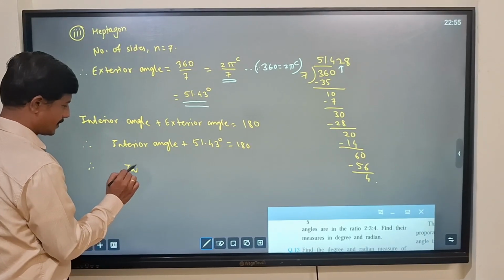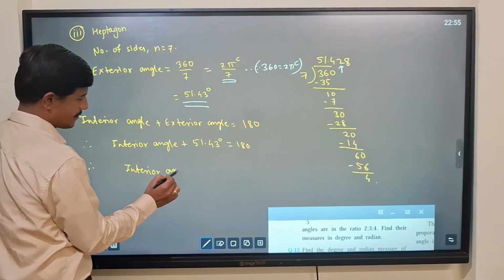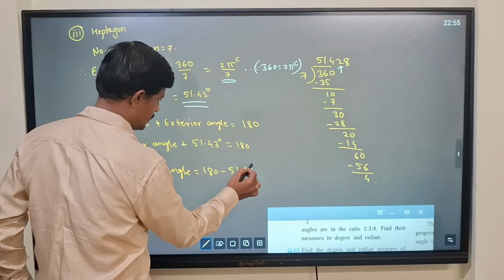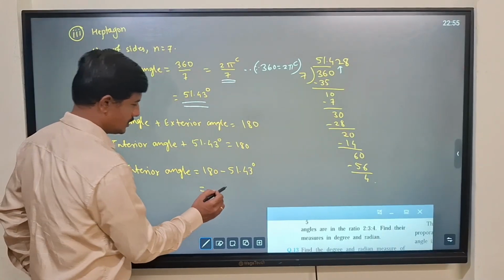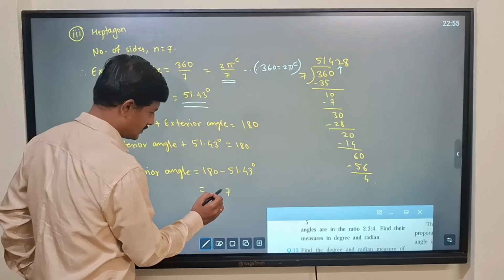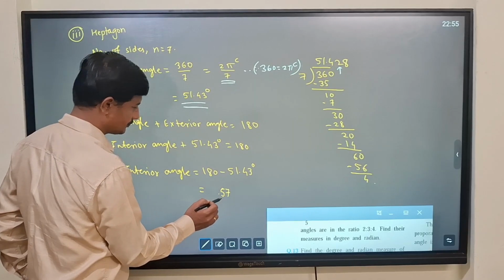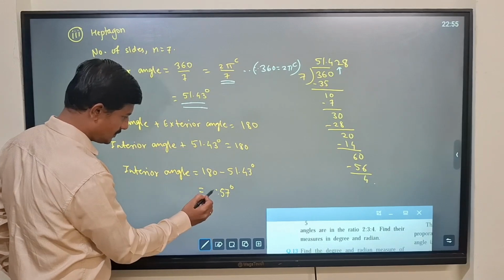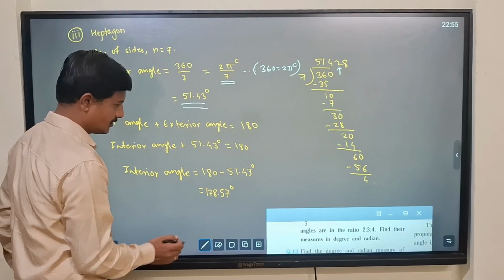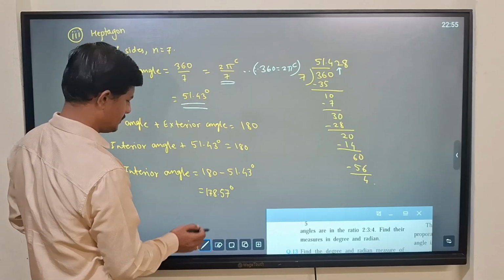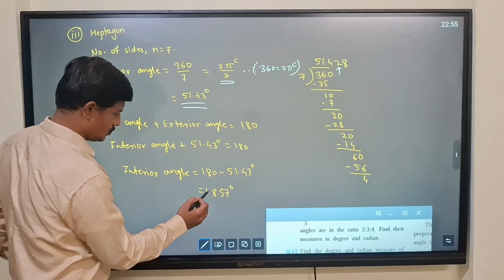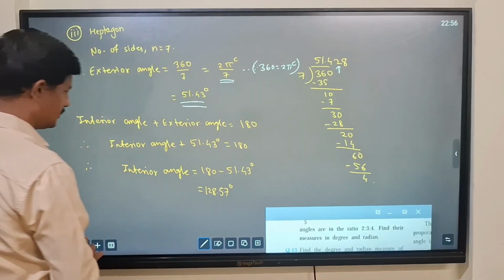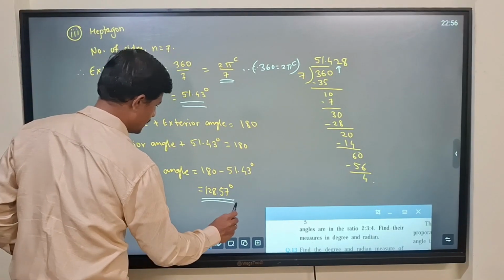Therefore, interior angle is equal to 180 minus 51.4 degrees, that is equal to 10 minus 3 is 7, 9 minus 4 is 5, point, again 9 minus 1 is 8, and 7 minus 5 is 2, 128. This is the interior angle in degrees.